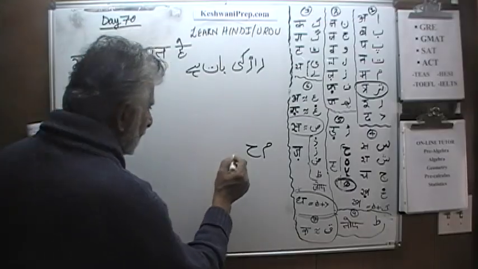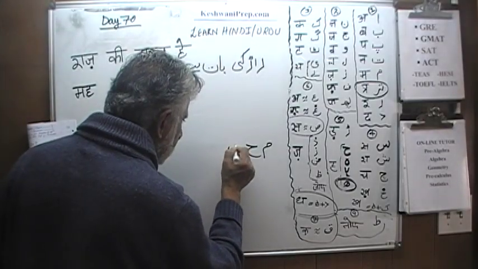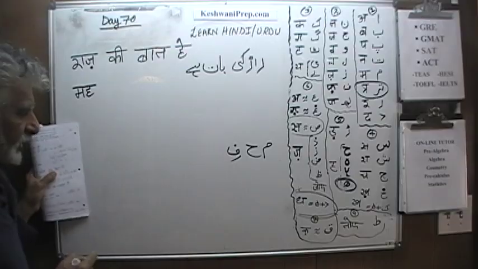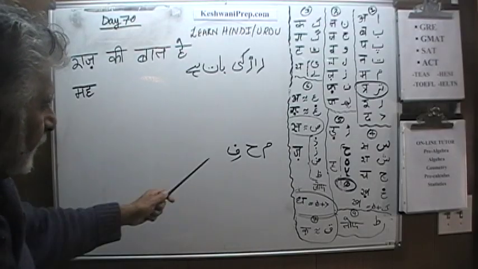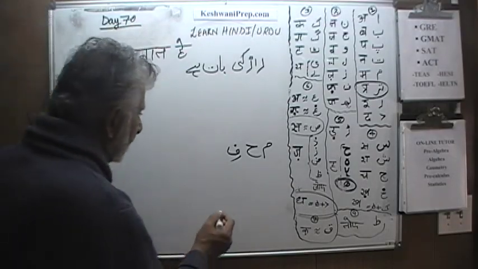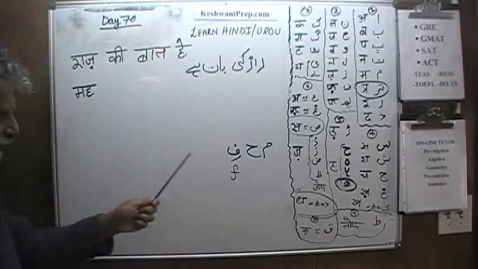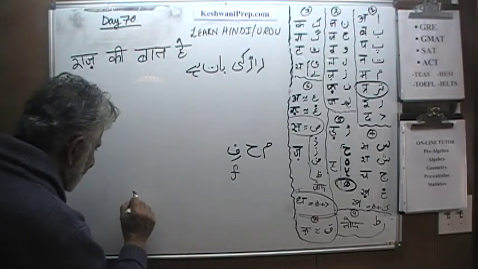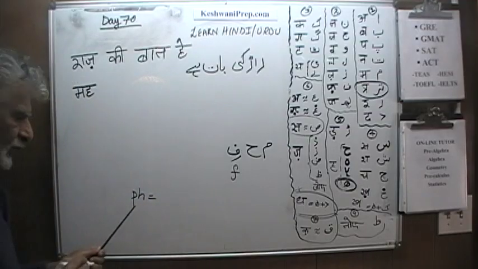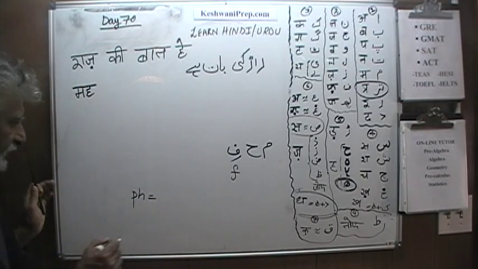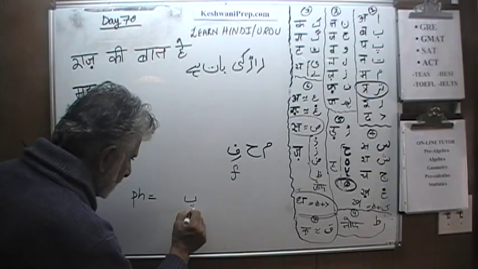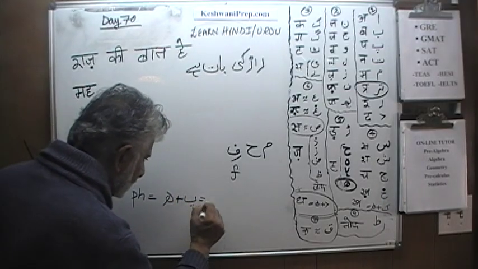And then we have a fe with e ki matra. This letter you see there is called fe. That's F. In Urdu we also have a concept of PH, which is a P and an H, which looks like this.